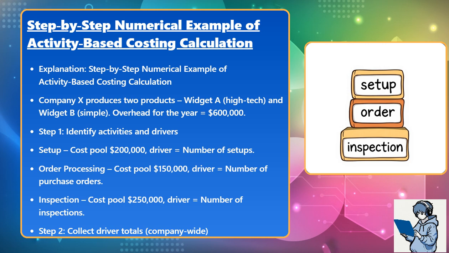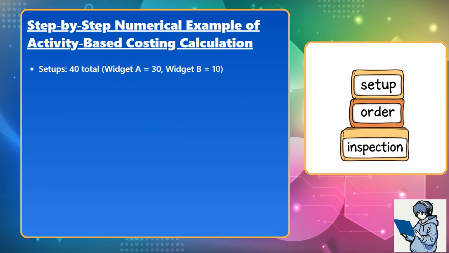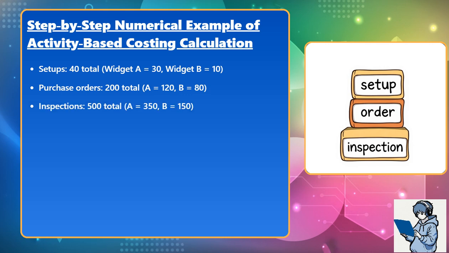Step 2: collect driver totals company-wide. Setups: 40 total. Widget A equals 30, widget B equals 10. Purchase orders: 200 total. A equals 120, B equals 80. Inspections: 500 total. A equals 350, B equals 150. Step 3: compute activity rates.